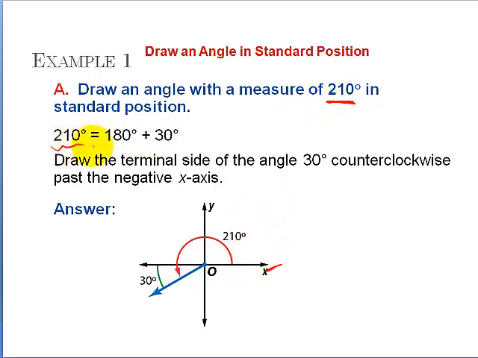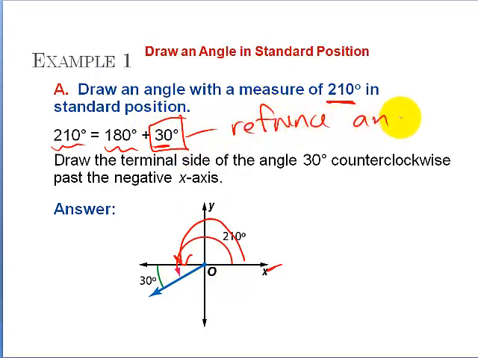As you can see, 210 is broken up into 180 degrees, which is taking us just to the negative x position, plus 30 degrees. Now that 30 degrees, we call it our reference angle. And we'll talk more about that later on, but it is a very important term.